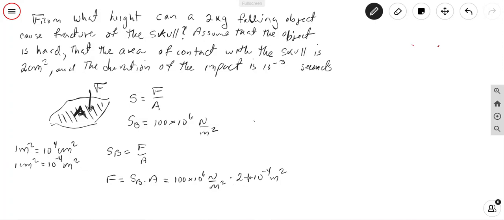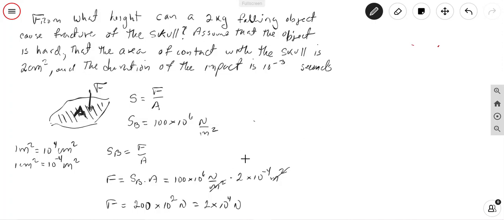So we have 2 times 10 to the negative 4 meters squared. We cancel the meters squared out. So we have force equal to 100 times 2, so it's 200, and 10 to the 6 times 10 to the negative 4 is 10 to the second power, and we get newtons. So we have 2 times 10 to the 4th newtons, right?